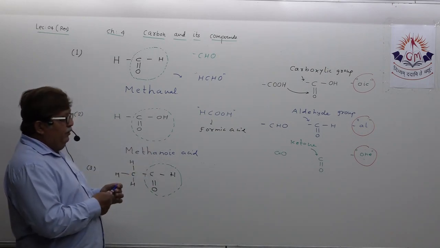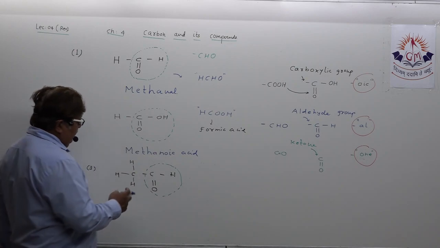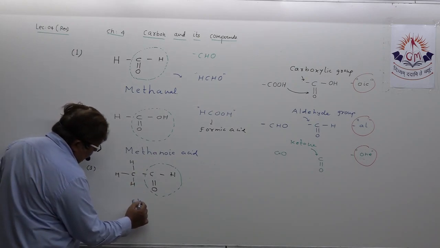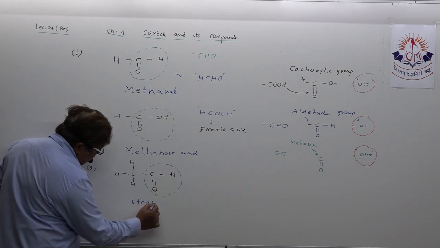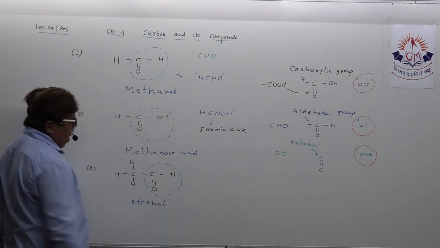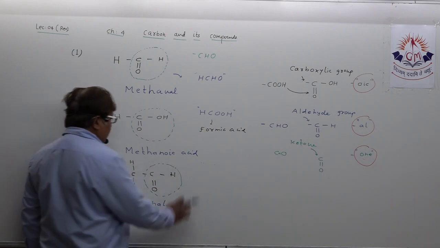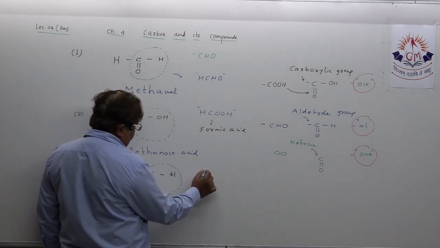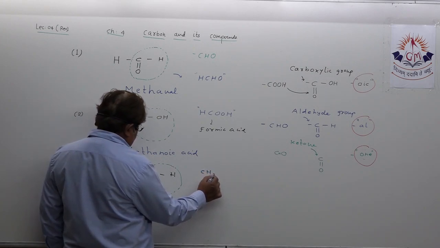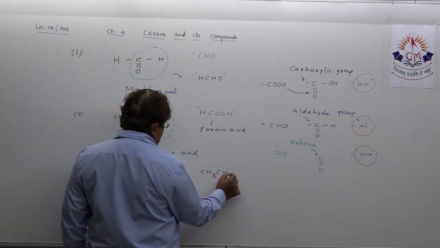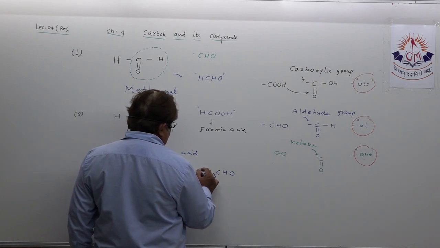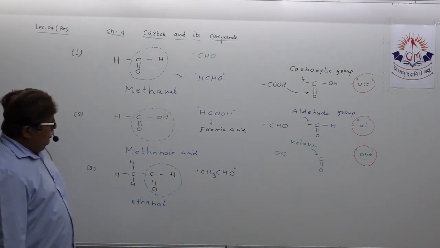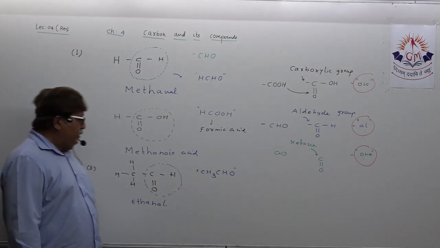Suffix is already fixed, al. So I can name this compound in this way: ethanal. And if I want to write it in molecular format, I can write CH3CHO. This is the molecular formula of ethanal. Understand?